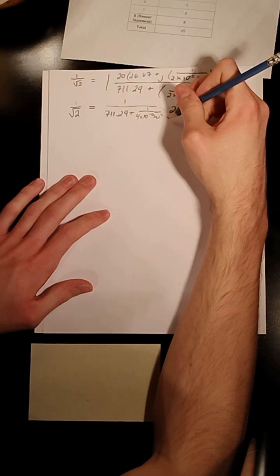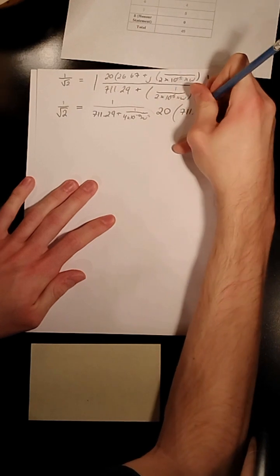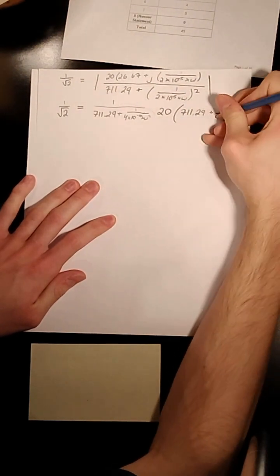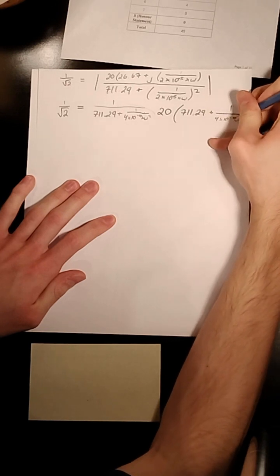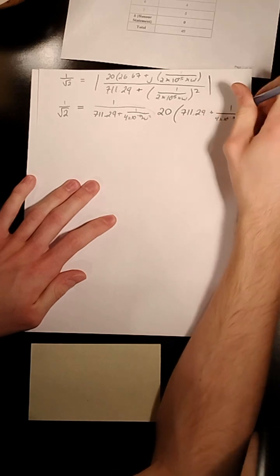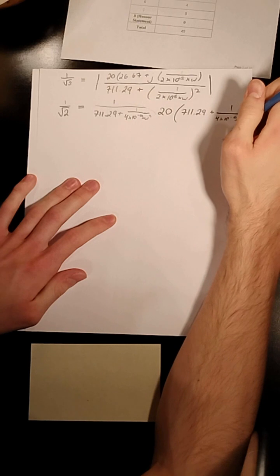I think so. Yeah. So 711.29 plus 1 over 4 times 10 to the negative 10 times w squared. And yes, this was the long way around because these just cancel now, which is nice. Hold on a minute. That should be what happens.